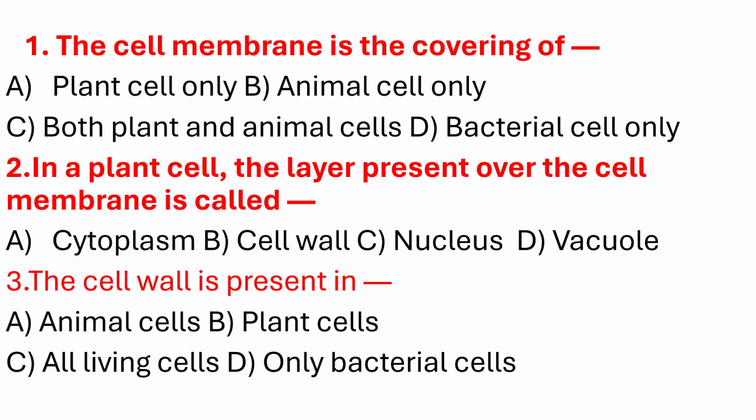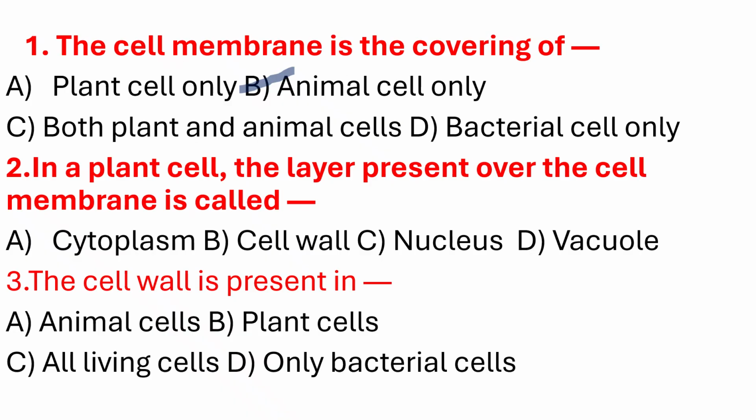First, the cell membrane is the covering of: plant cell only, animal cell only, both plant and animal cells and bacteria cells only. Option B, animal cell.